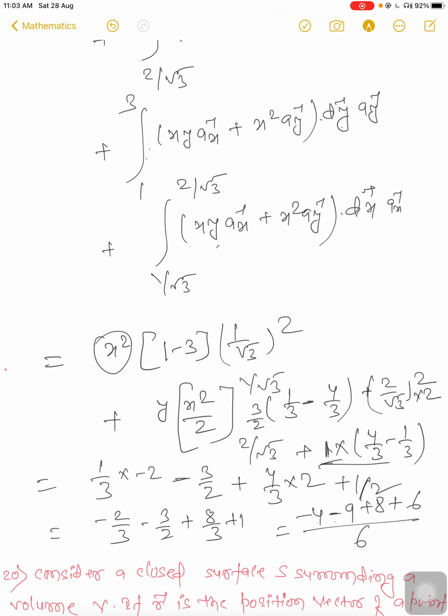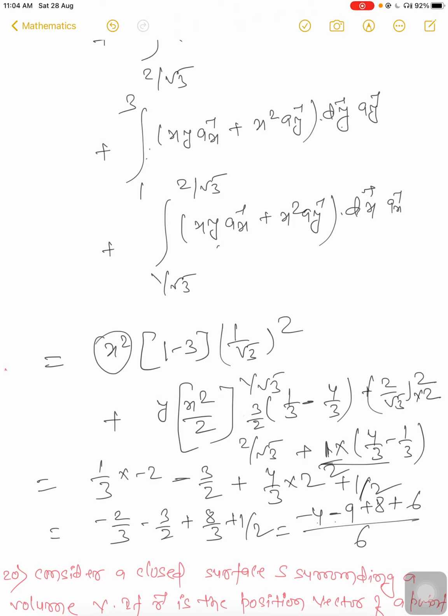What will happen, 4 by 3, so here is the 1 by 2 here also, x square by 2, so 1 by 2 here. Once again, then 1 by 2, 8 by 3, 8 by 3 is right, and 3 by 2, 2 by 3.